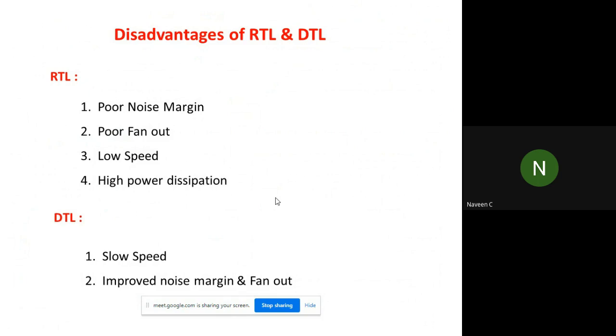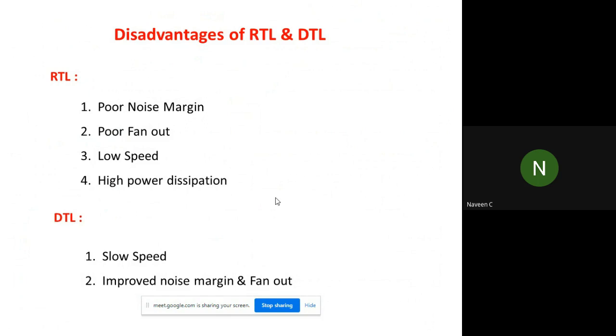Poor noise margin means it will easily change its state if it gets any disturbance or noise. If some noise comes, automatically instead of showing high it will show low. So it is very prone to noise and disturbances. Poor fan out means you cannot connect a high load at the output of this logic.